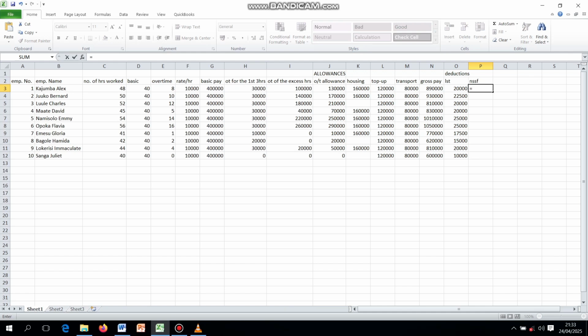which will be equal sign, shall write our 5%, then we shall multiply it with the gross wage, which is here. We have the gross pay, which is here.